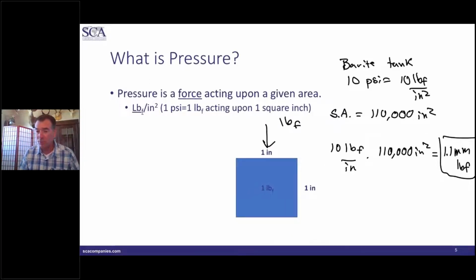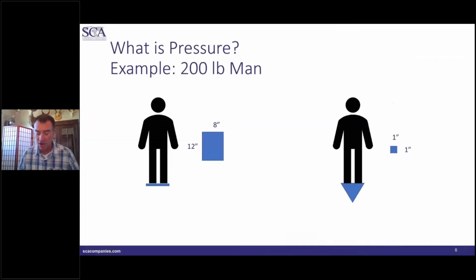So that's just one example I like. That's sort of a safety thing, that low pressures over a high surface area is a great deal of force. And understanding that concept going forward here, I have an example of a normal, like a 200-pound man. And if he's standing on an 8-inch by 12-inch square, and his weight is distributed evenly on that square, the surface area of that square is 12 inches times 8 inches, and I get 96 inches squared.